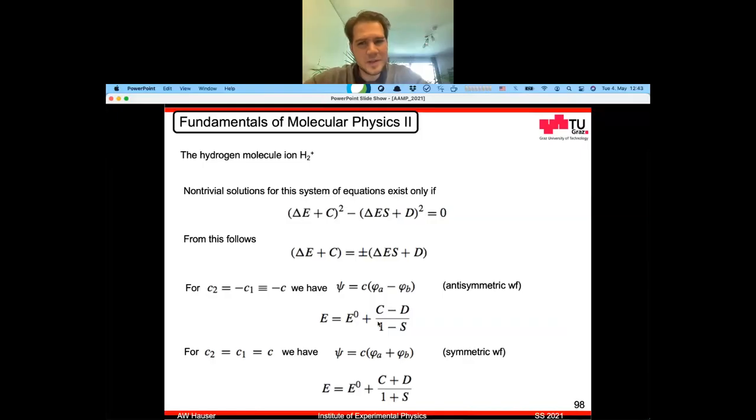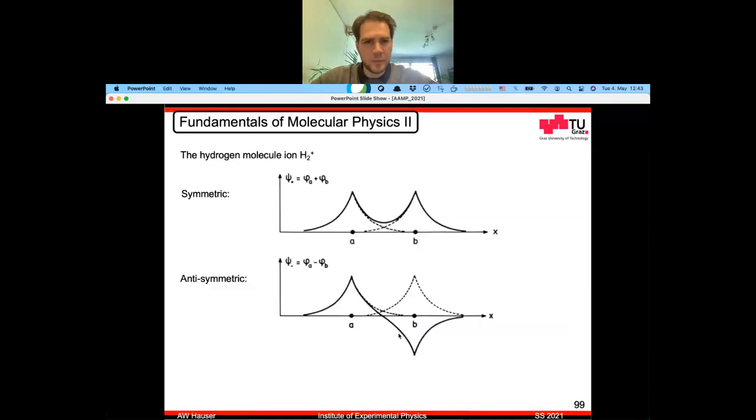So each of these two wave functions has a corresponding energy, and we see it's different from E naught because we have this coupling term. And in both cases, it is dependent on the integrals that we discussed, the Coulomb type, then this exchange type, and then 1 minus S, with S denoting the overlap.